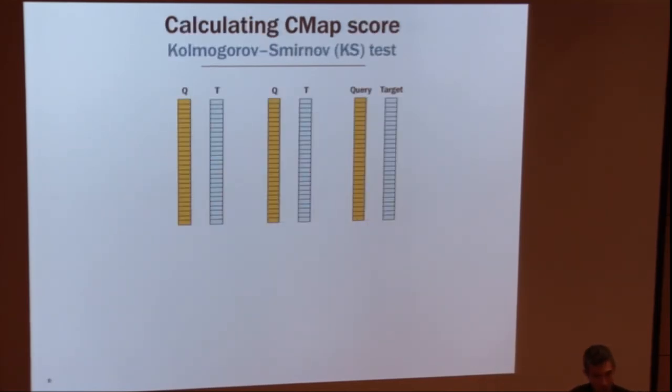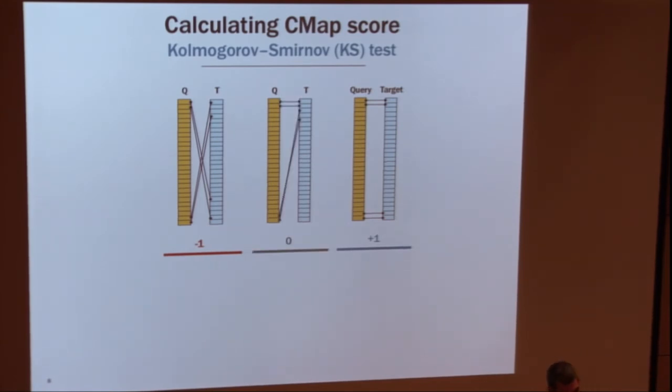The way that we do that is we use a modified KS test. And it goes something like this: if the genes that are up in the query are also up in the target, and the genes that are down in the query are also down in the target, we call that a positive connection. And if the genes that are up in the query are down in the target, and the genes that are down in the query are up in the target, we call that a negative connection.